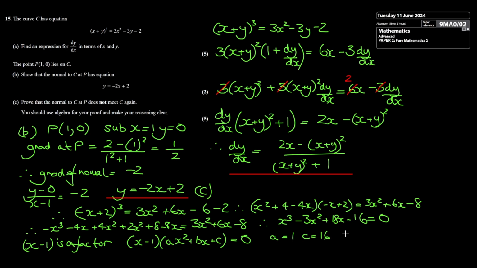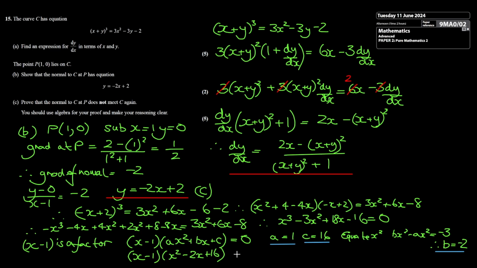And if I equate x squareds, I get that b minus a is equal to negative 3. And from that, I get the fact that b must equal negative 2. So my equation has turned into (x minus 1)(x squared minus 2x plus 16).